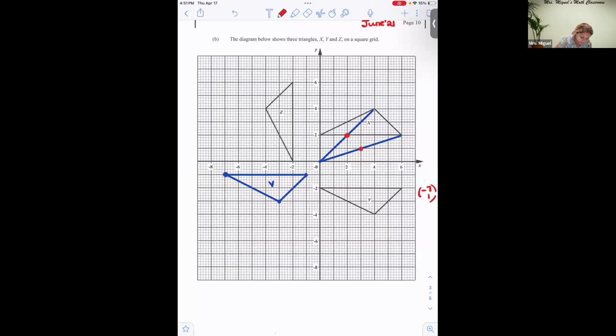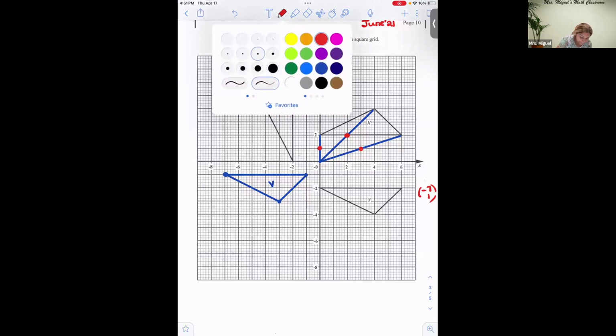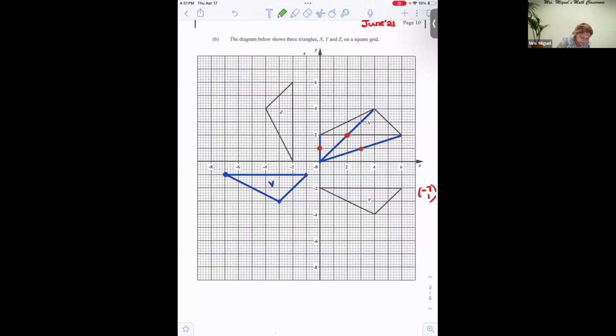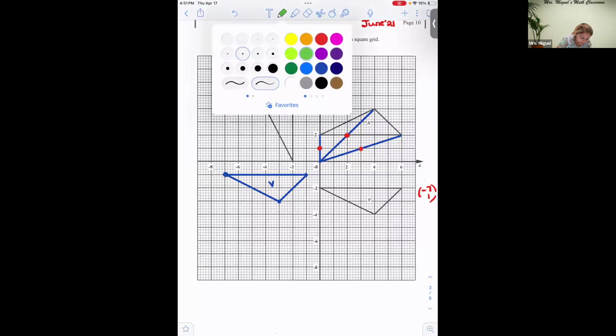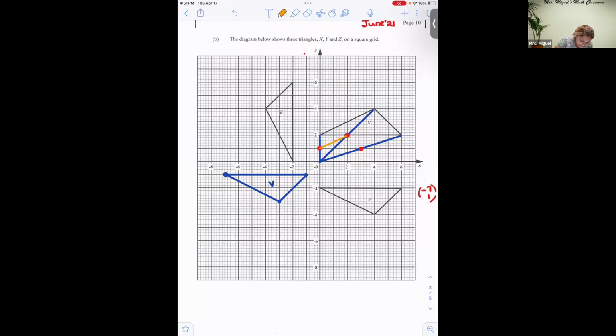And then the last one, I'm drawing a line from 0 to here, and that is 2. So that means my last point will be here. So my triangle would look like this. This is the triangle, and it has been enlarged by a half, meaning that it is half the size. Look at it. That triangle has been enlarged by a half. So this is half the size of the original.